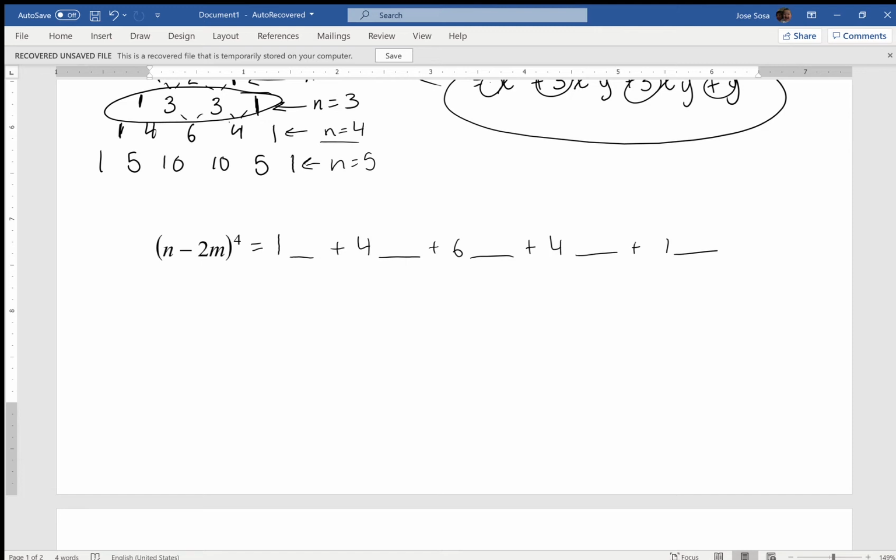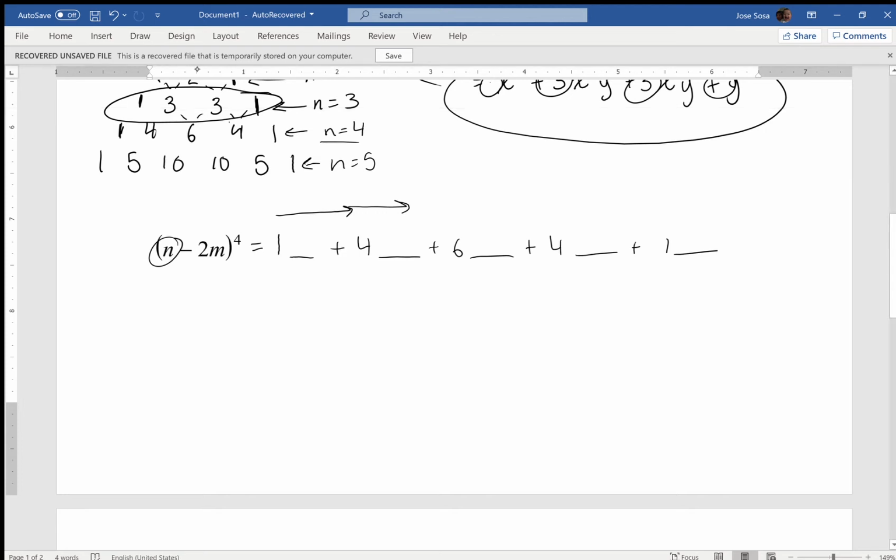And so we start going this way with this variable raised to the power of n, and then we go this way in descending order. So here's what I mean. I'm going to do this in a different color. Let's do red here. Okay, cool beans.